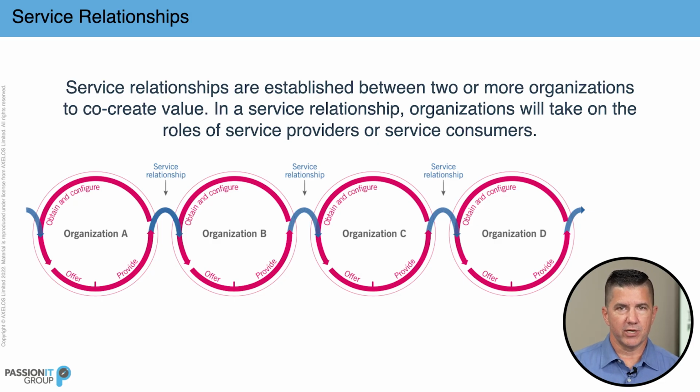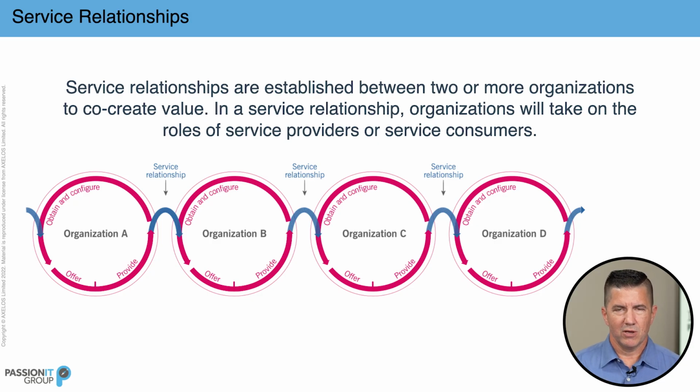But what is B going to do? Well, B, or Bravo, is going to take whatever they get from Alpha, A, and then turn around, do something with it, and then offer it maybe as a provider to C, or Charlie here. So you notice now there's another relationship that is developed, and then Charlie is the consumer, takes that from Bravo, does something, creates something, and is a provider, and now Delta, or D, is going to be the consumer.